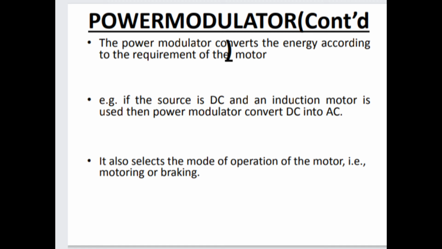The power modulator converts the energy according to the requirement of the motor. For example, if the source is DC and an induction motor is used, then the power modulator converts DC into AC. Second, it also selects the mode of operation of the motor, that is motoring or braking.